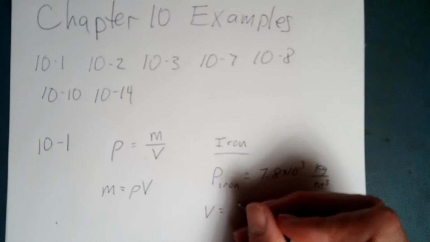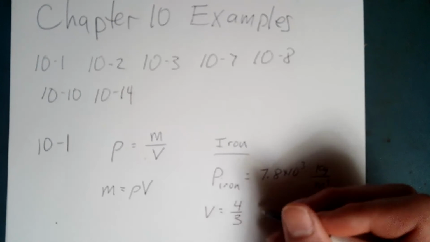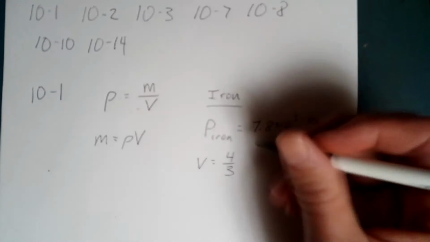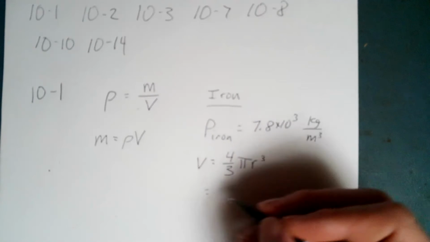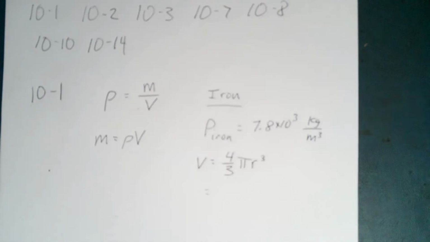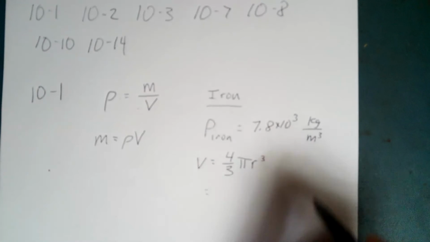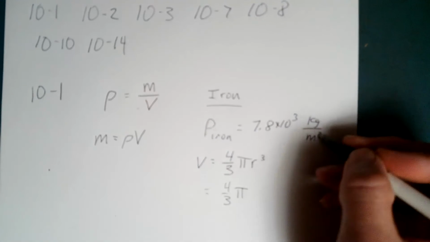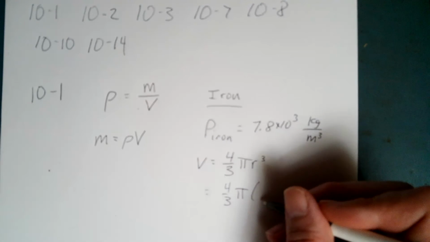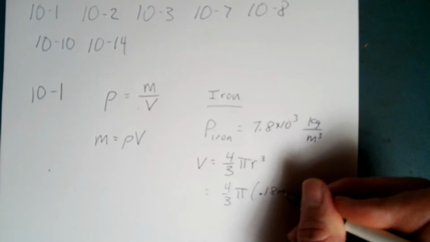Then we have to deal with the volume. So this is a sphere. So we need to know this. Usually sphere and cylinder and cube volume formulas. This is in meters cubed, so we need this radius in meters.